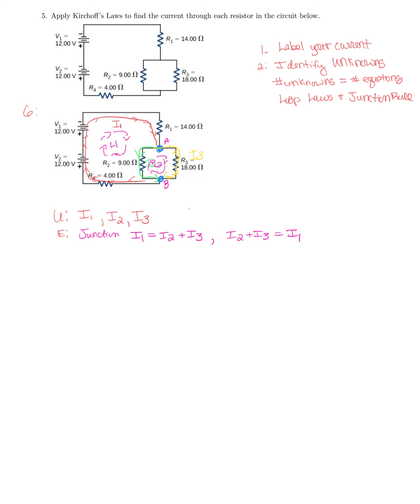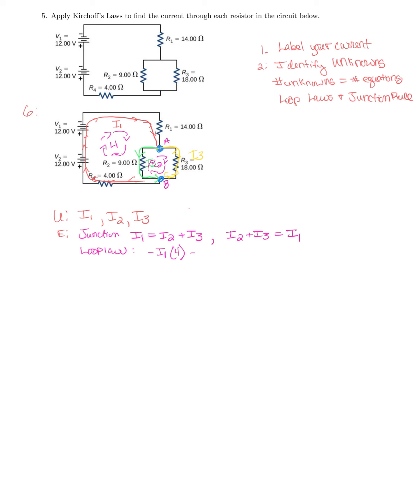Now we need 2 more, so we're going to use the loop law. Let's start down here, since we started our current there. We go through this right here, and we see that our loop is pointing in the same direction as our current, so we subtract the voltage, which is minus I1 times 4 ohms. Keep going around. We come to the positive end of the battery, which means we subtract the voltage, so we subtract this voltage too.